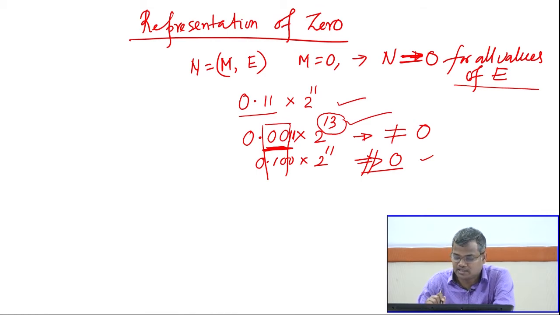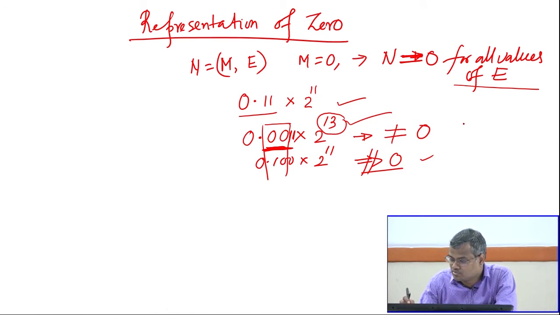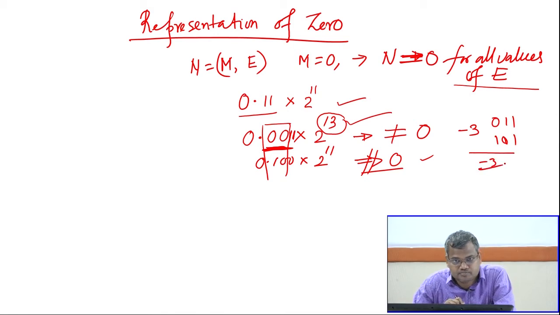And what is that role? Let us say we represent the exponent using only 3 bits, with sign bit 1. Using sign magnitude, we can represent the number -3 as 1 1 1.